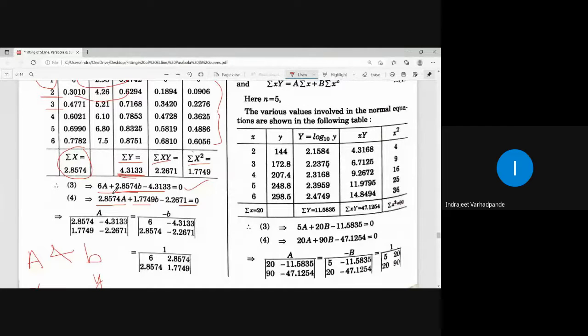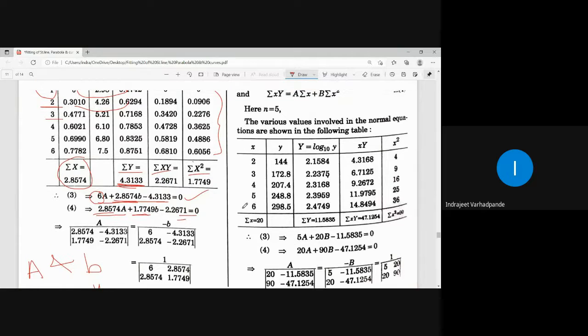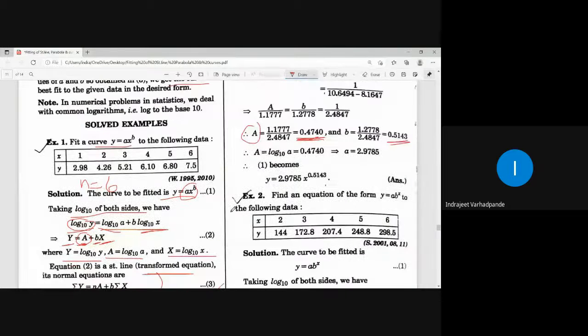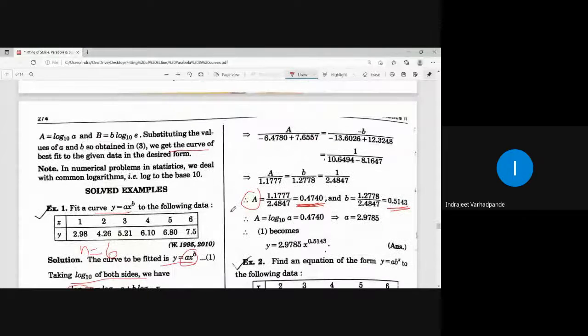So how does substitution happen in the calculator? Coefficient 6, this, then 2 point this. After that you get x and y, because the unknown variables in the calculator are x and y, from which we get capital A and small b. Keep small b untouched. Do not disturb this small b because it is required in the curve. From capital A you calculate small a.